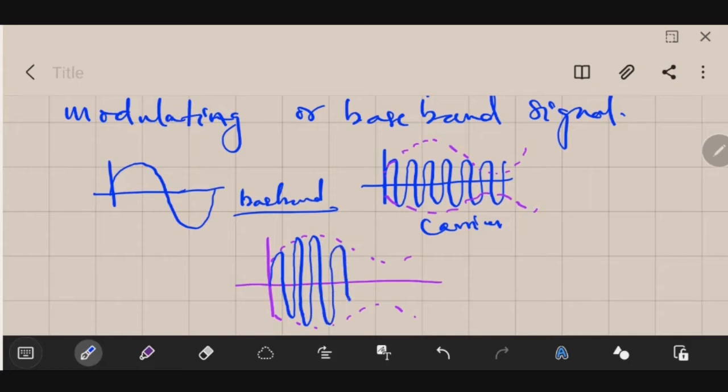The center frequency of this modulated signal is equal to the frequency of the carrier. Whatever the definition is, the same has been explained here. I hope you have understood it.